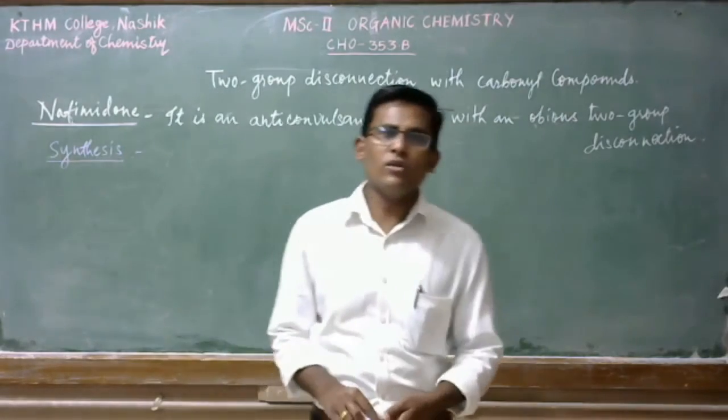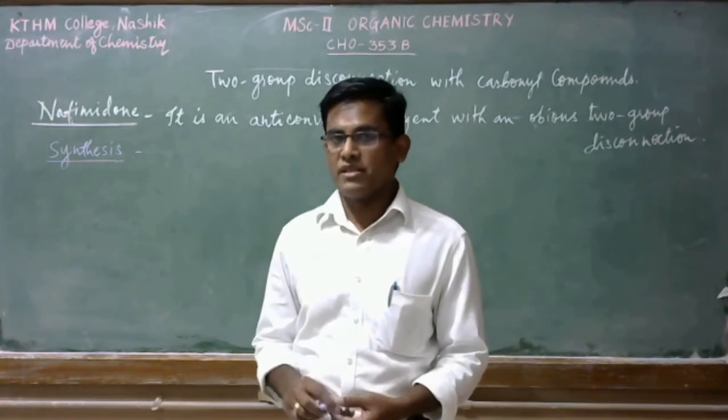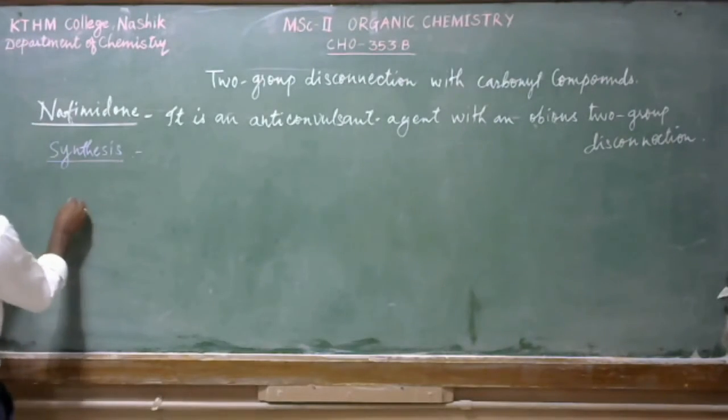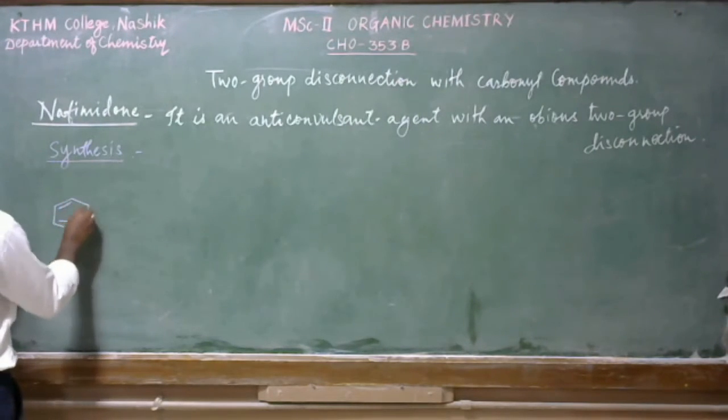So alpha halo compounds can be generated by halogenation, okay, in acid condition. So we will start with the ketone.